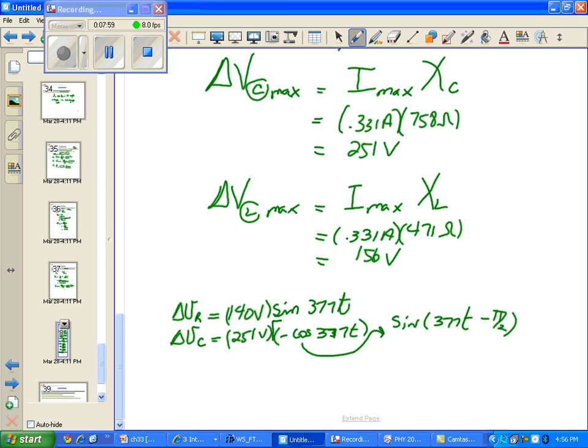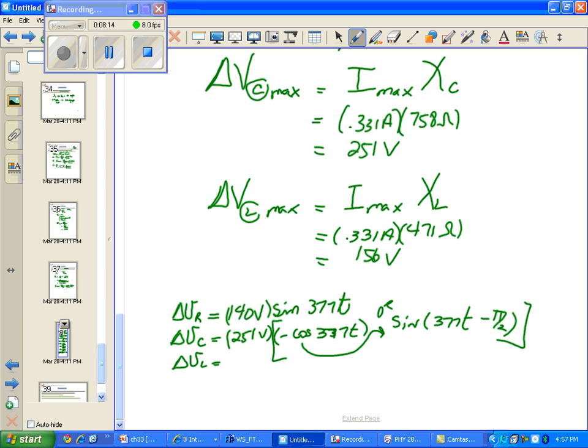So either 251 times the cosine of 377t or times the sine of 377t minus pi over 2.